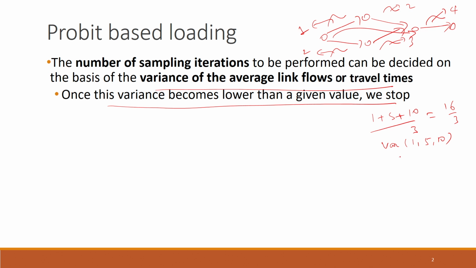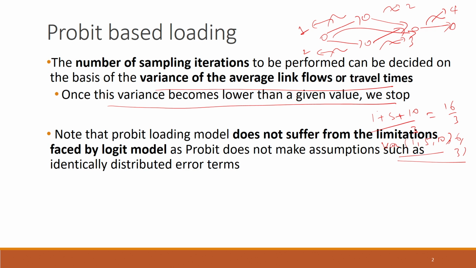As we do more and more iterations, there will be some more values here. Suppose it turns out to be 6, then 3 and so on. So, when do we decide to stop? When this variance becomes less than some predefined quantity, then we stop. And this has to happen for all of the links. This was just for a particular link.